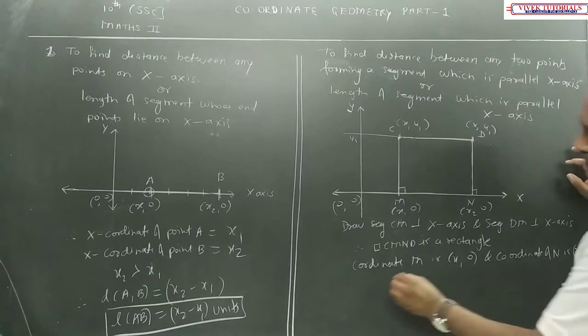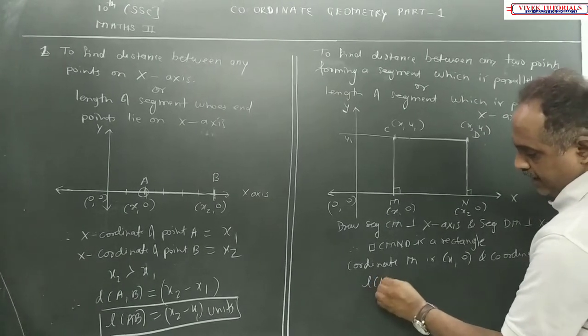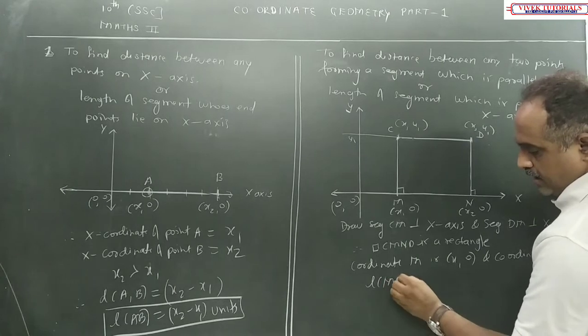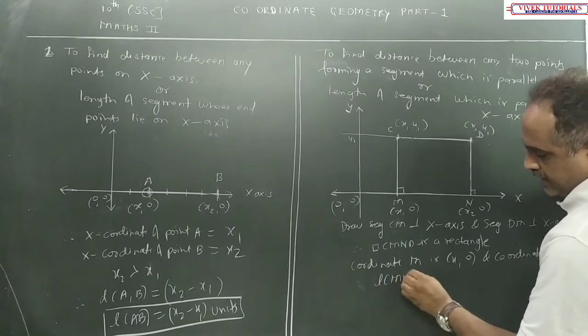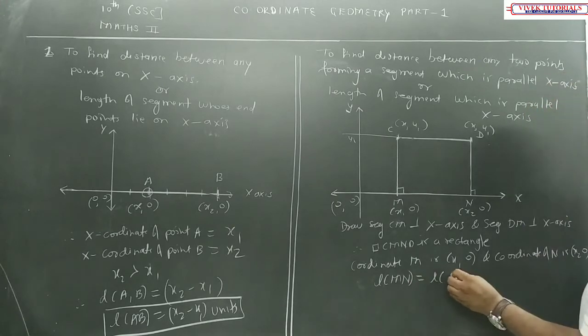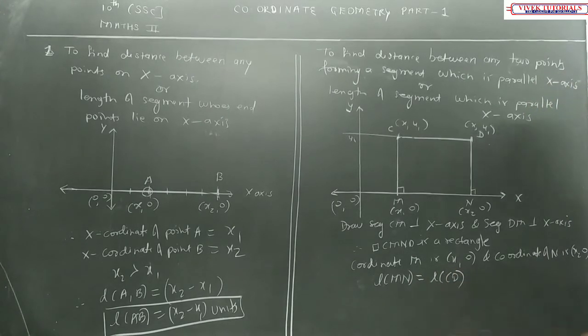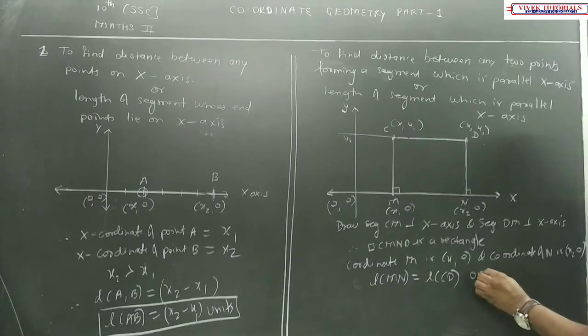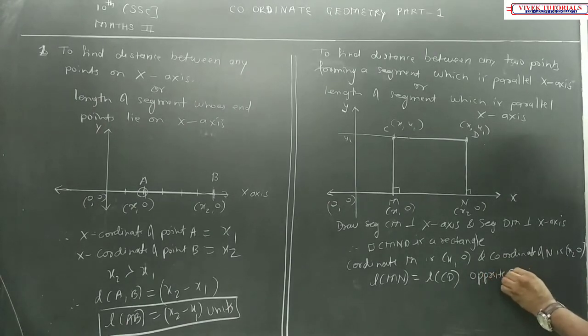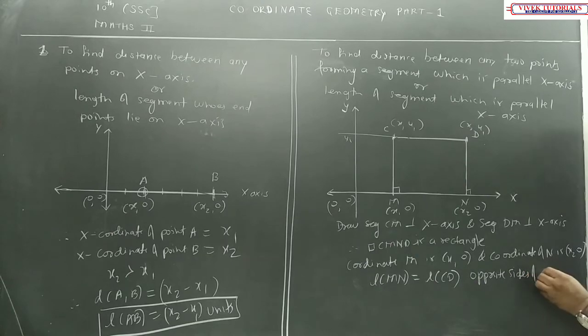Now what I can do is length MN. Got it now? Length MN is equal to length CD, opposite sides of a rectangle.